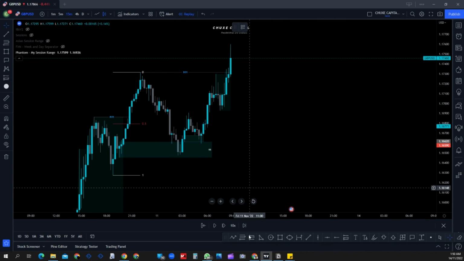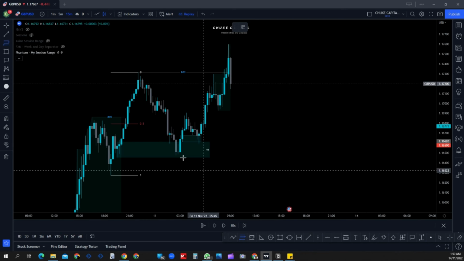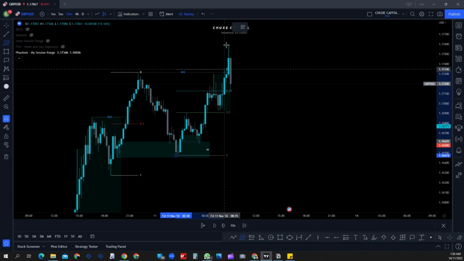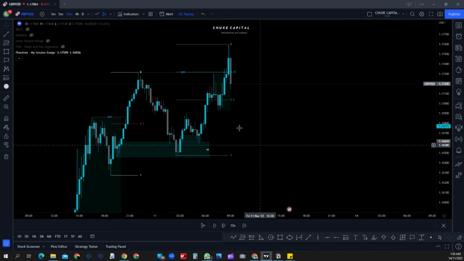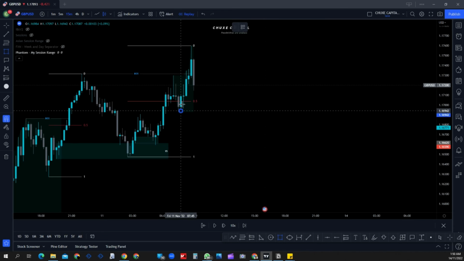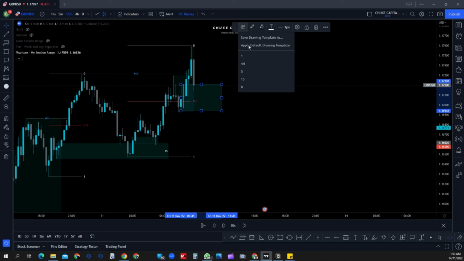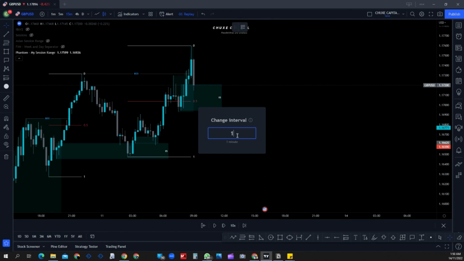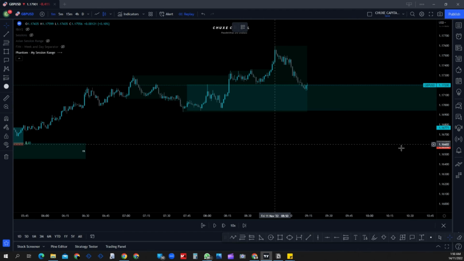Okay, so keep going. So we've done that. So using a 15 minutes range, we have this OB right here. We're down to 1 minute. Let's see what we get.